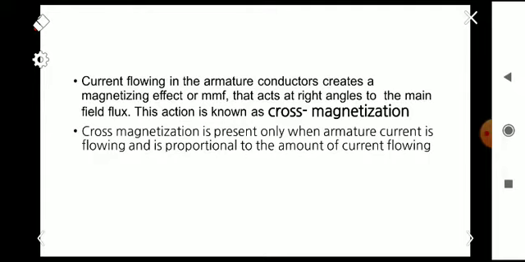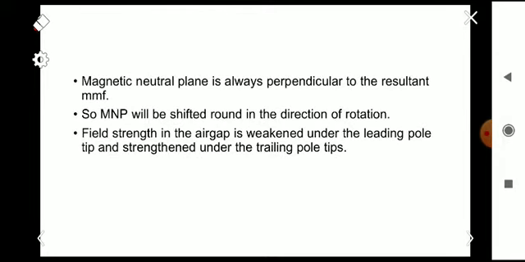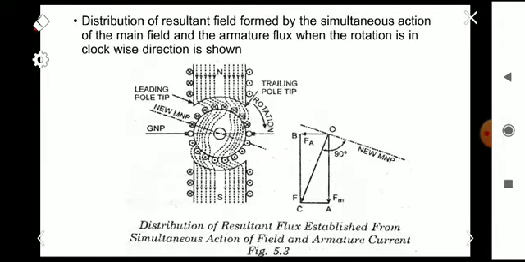This action is called cross magnetization. The armature flux is at right angles to the main field flux, so it distorts our main field flux. That is called cross magnetization. Cross magnetization is present only when the armature current is flowing through the conductor. In this figure you can see the flux is distorted.